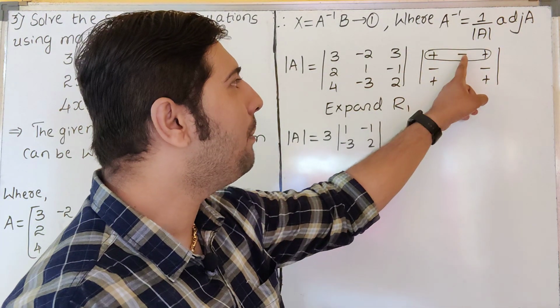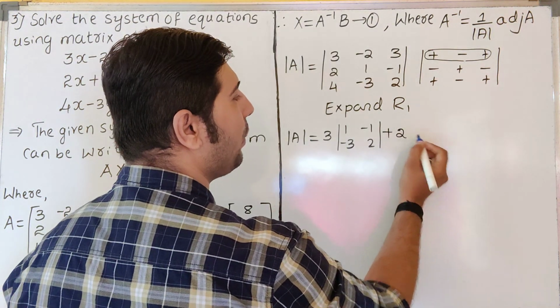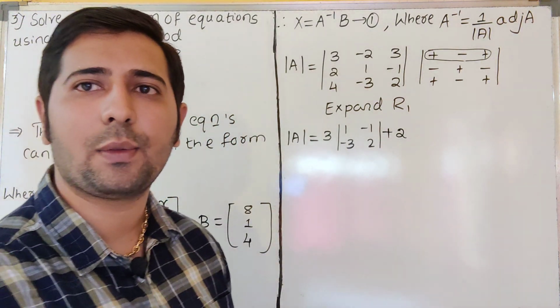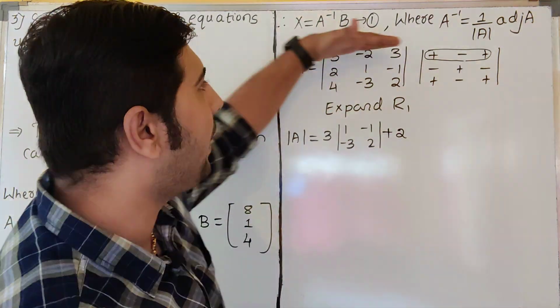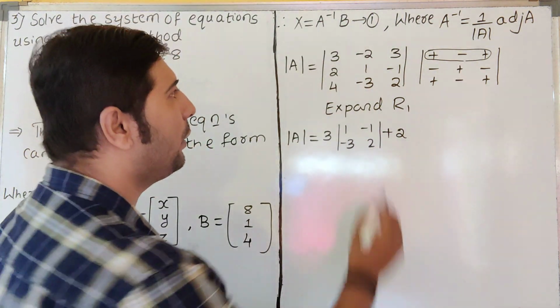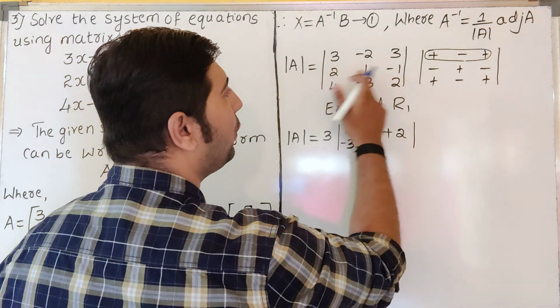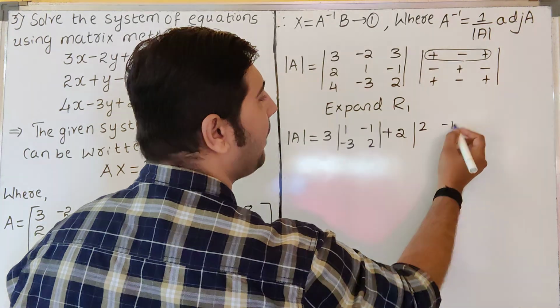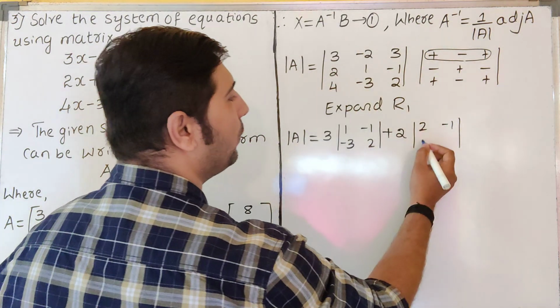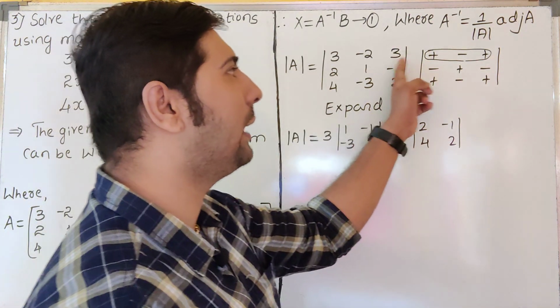Next, the second term. Minus into minus, plus 2 I will write. Where is it, dear students? In the first row, second column. You have to leave the first row and second column. What are you left with? 2, minus 1, 4, 2. Next you come to the third term.